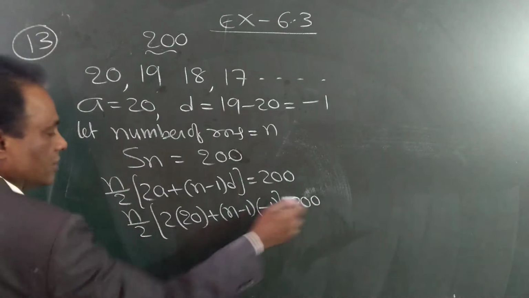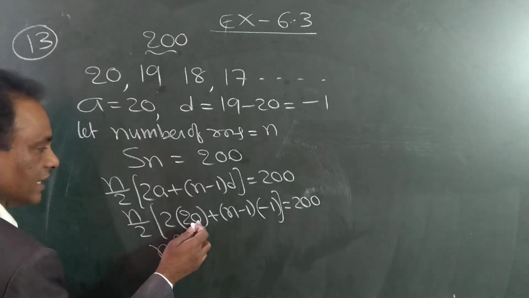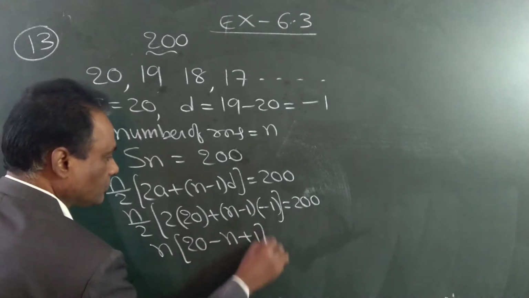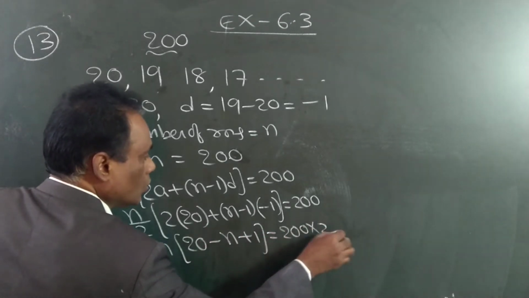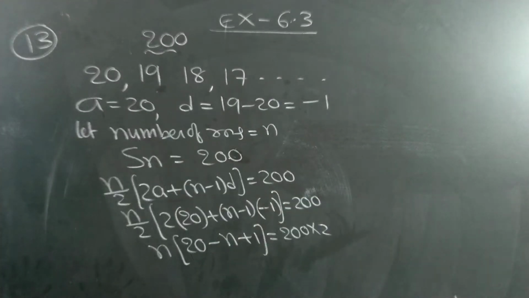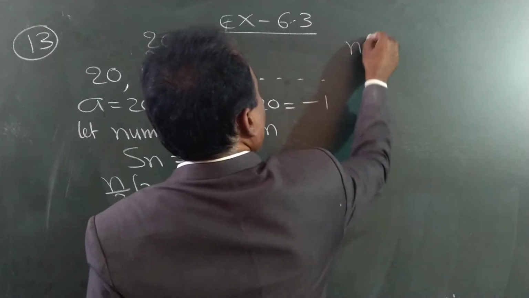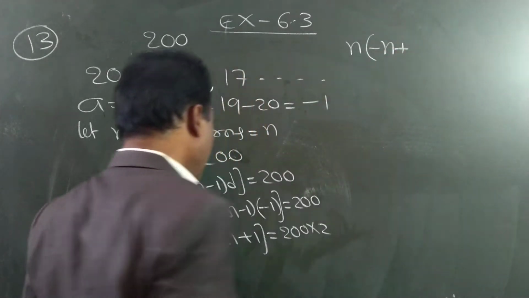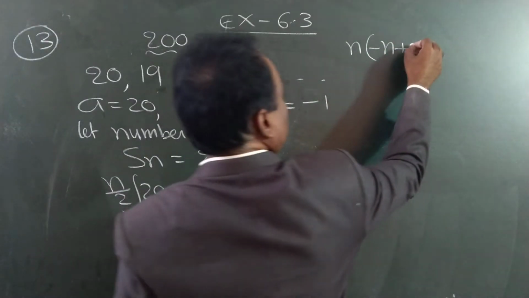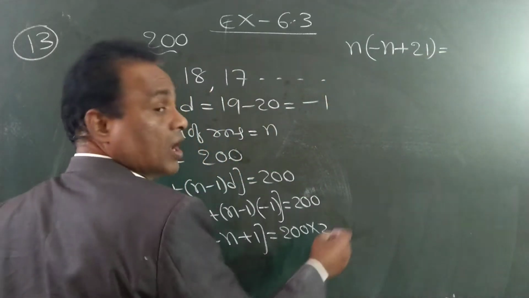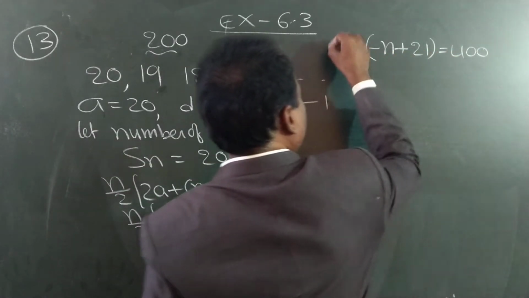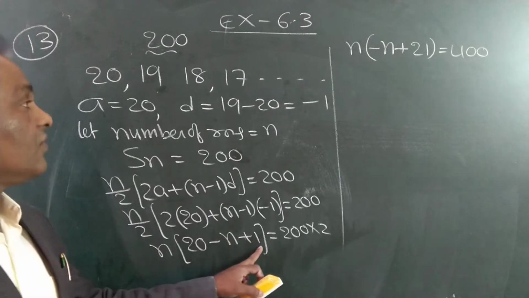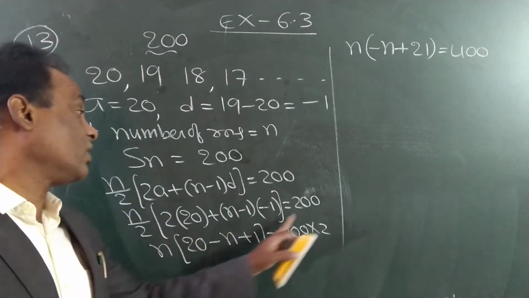So n into (20 minus n plus 1), and the 2 on the left is taken to the right side: 200 into 2. So n into (minus n plus 21) is equal to 400.